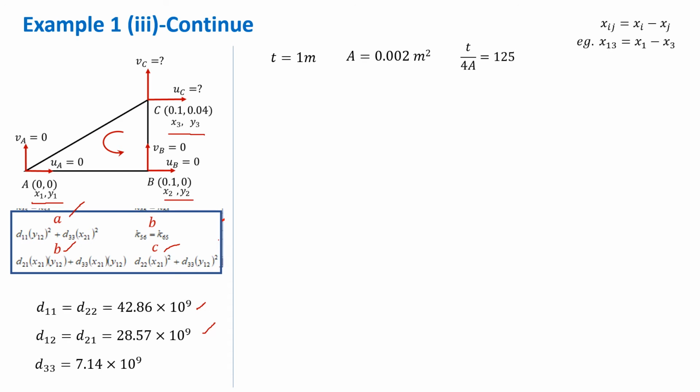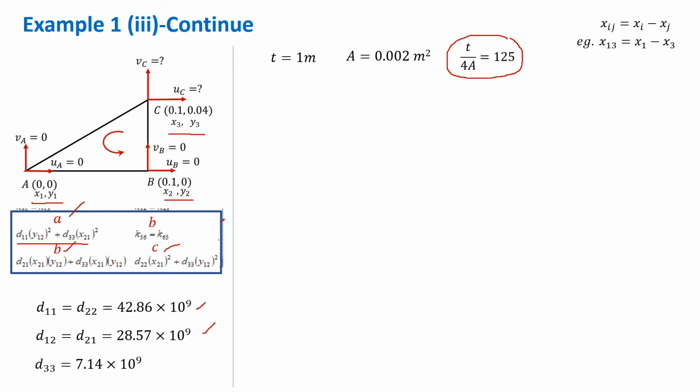To simplify our calculation, it is better for us to calculate this term T over 4A, which is equal to 1.5. Then we just need to calculate the terms A, B, and C according to the formula given in the matrix.